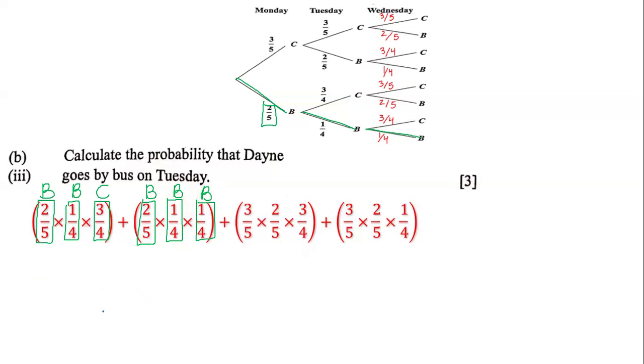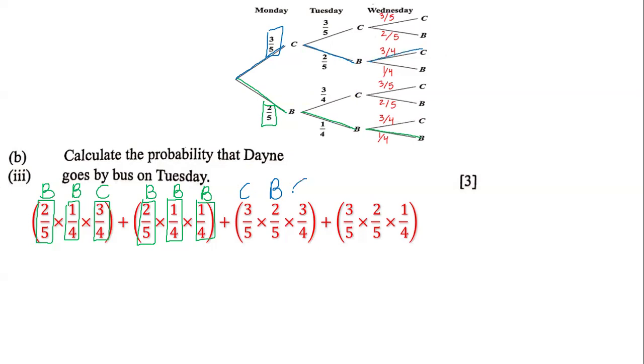Okay, let's look at another way. So another way is that he could take the car on Monday. Then he could take the bus on Tuesday. He has to take the bus on Tuesday. And then he could take the car on Wednesday.